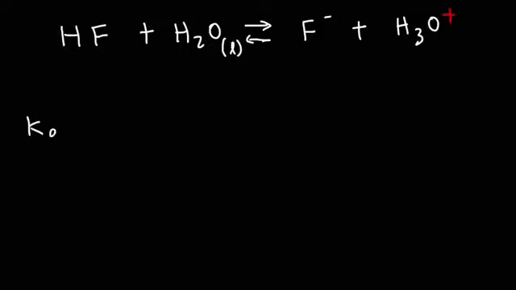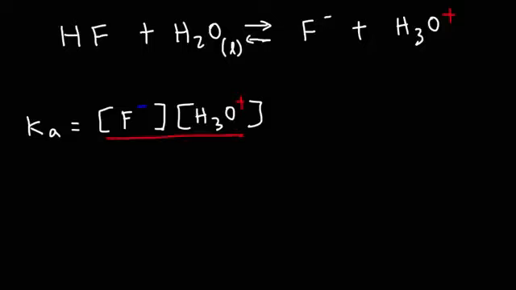If we were to write the equation that is associated with Ka, the acid dissociation constant, this will be equal to the concentration of the products divided by the concentration of the reactants. So water is not included because it's in the liquid phase.